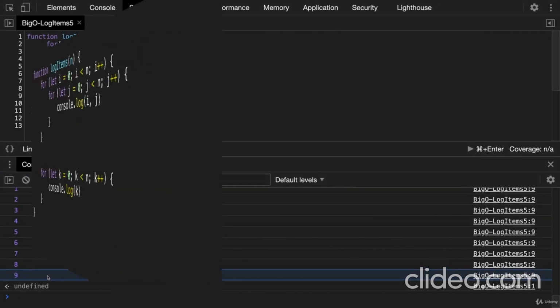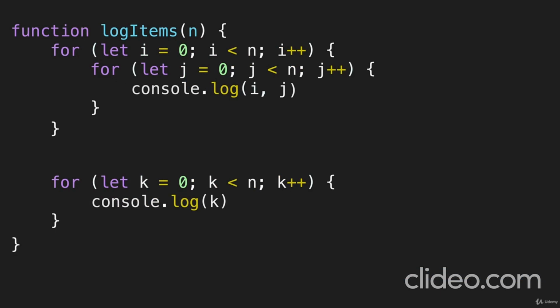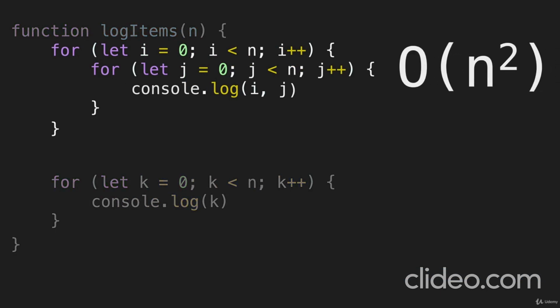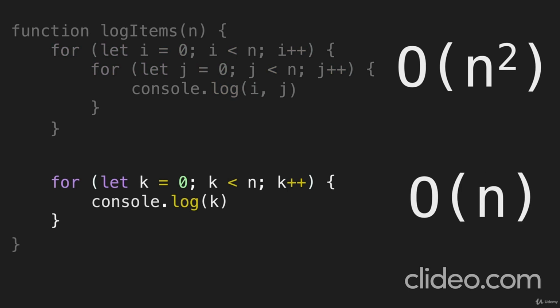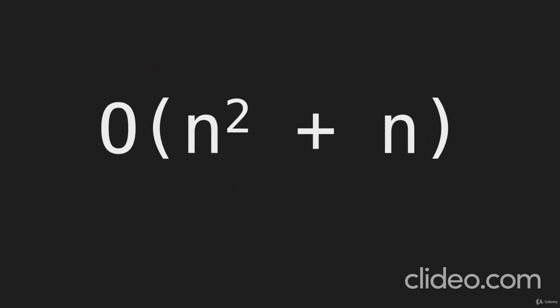So let's take a look at this over here. That nested for loop ran O of n squared times. The second one ran O of n times. When we add these together, this becomes O of n squared plus n. So if you think about this in terms of if n was 100, n squared would be 10,000, where the single n that's added to it in this equation is only 100 more.